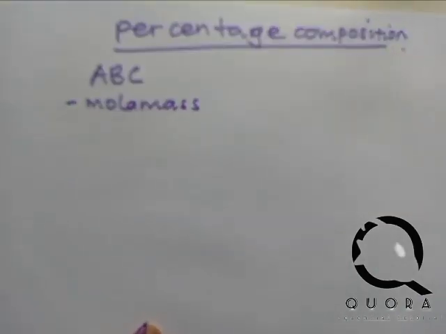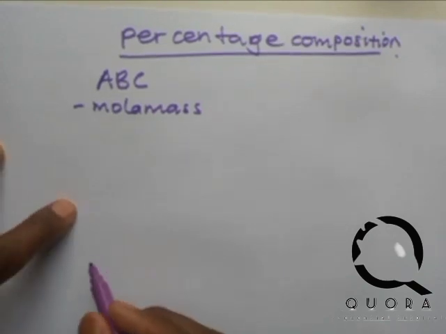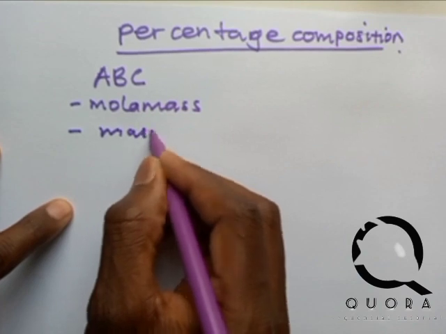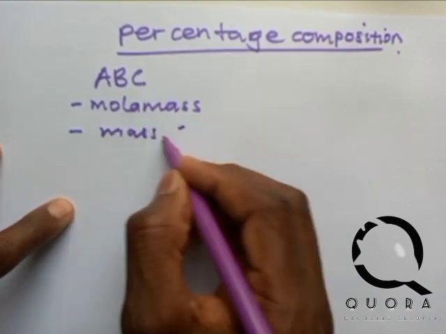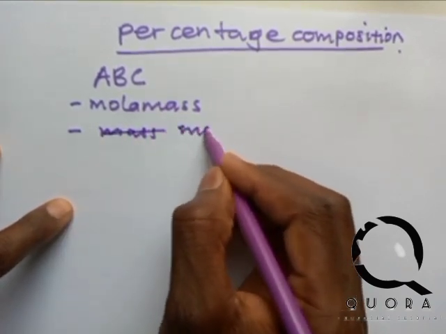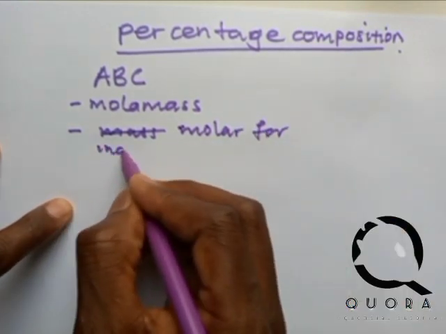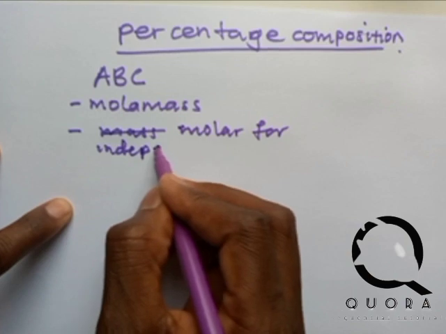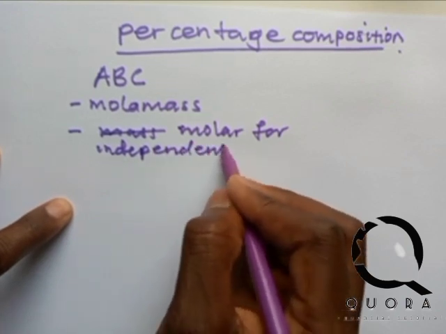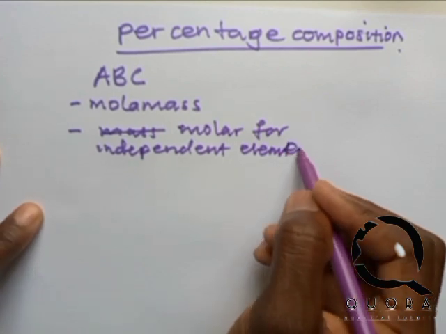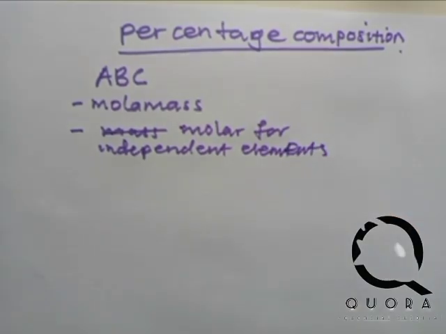Secondly, you need to know what is the molar mass for each independent element.